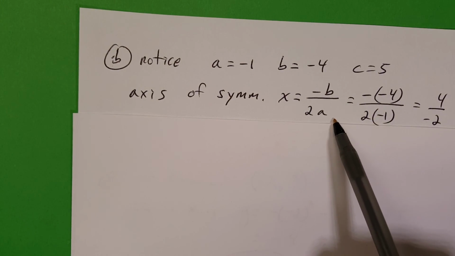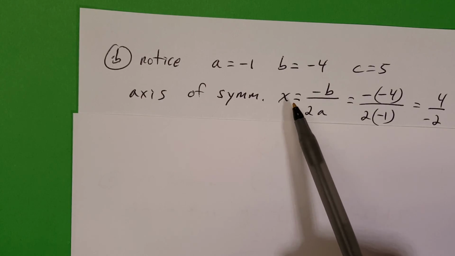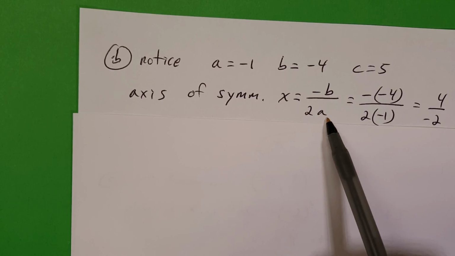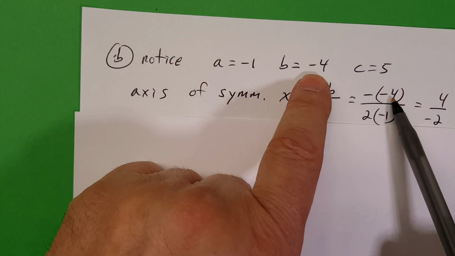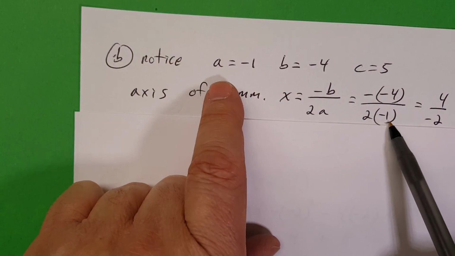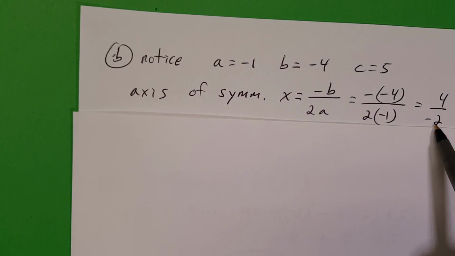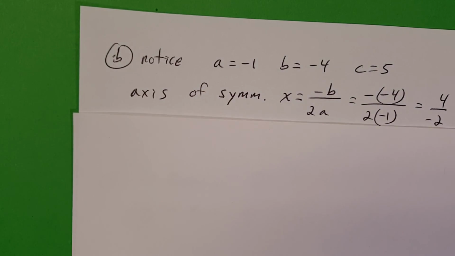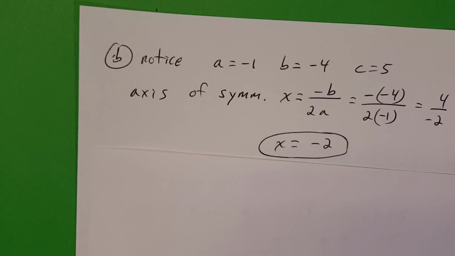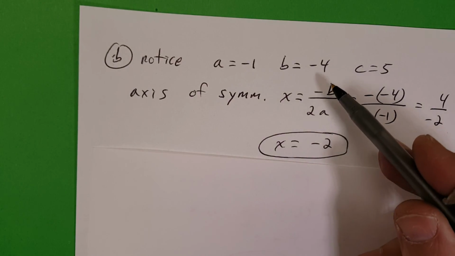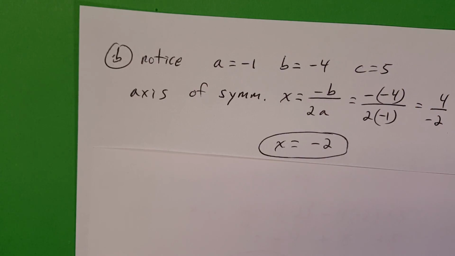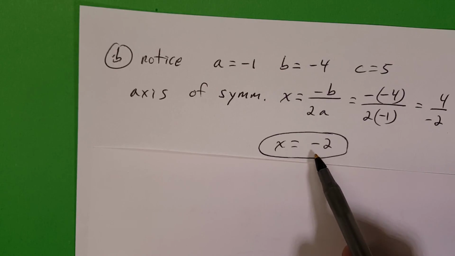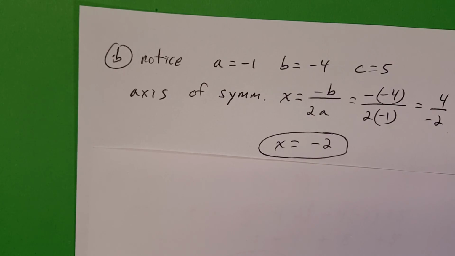And the axis of symmetry, we put a box around it, was x equals -b over 2a, which is -(-4) over 2 times -1, 2 times a. Comes out to 4 over -2, so my x is -2. I'm done. I don't look for y, because this is a long line, and I want to know what that long line is, the mirror line. It's at -2. I'm done.